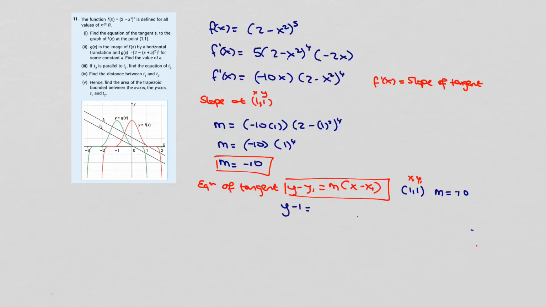So we have y minus 1 equals minus 10 times x minus 1, which is minus 10x plus 10. And therefore the equation of the tangent is 10x plus y minus 11 equals 0.